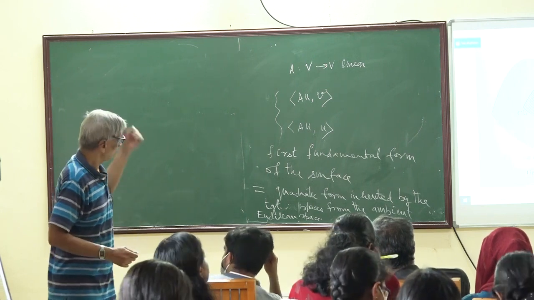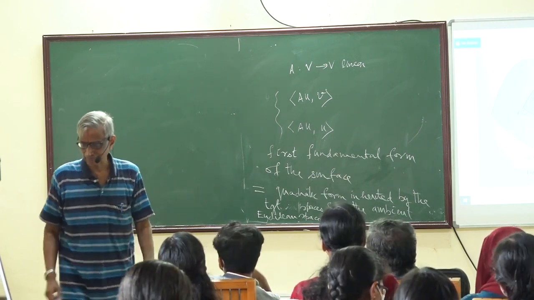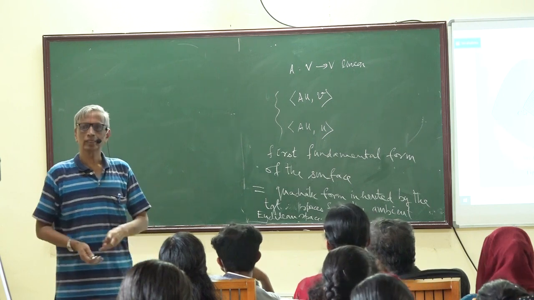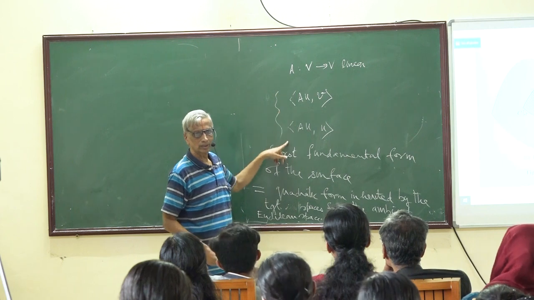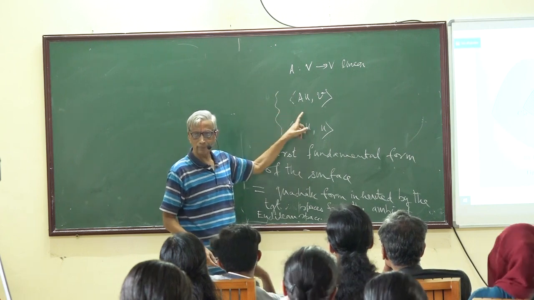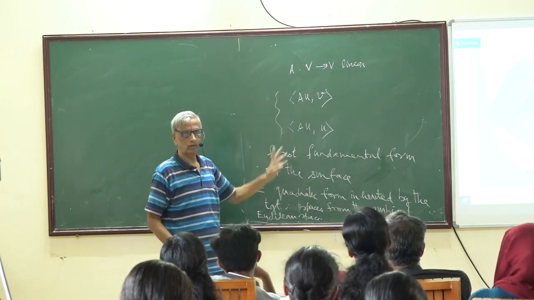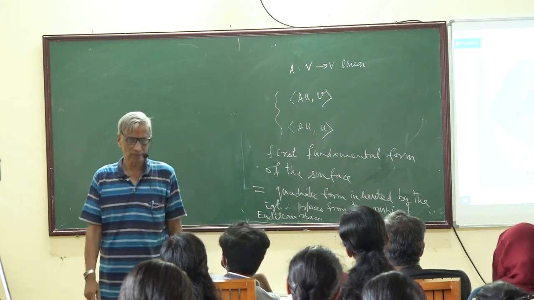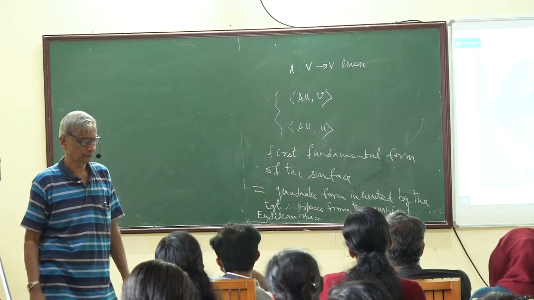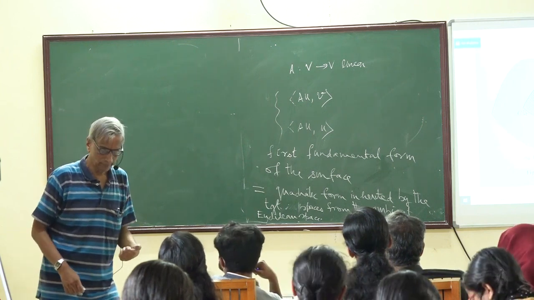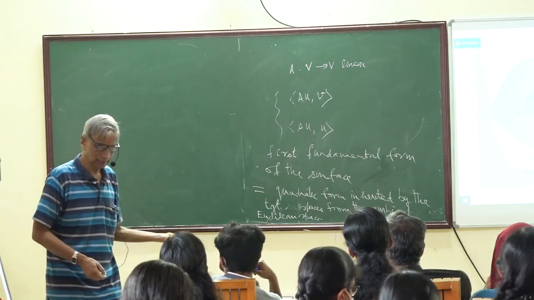So now we come to what is called the second fundamental form, that is going to be of this type, coming from some linear map on the tangent spaces. So that linear map is what we are going to look at.